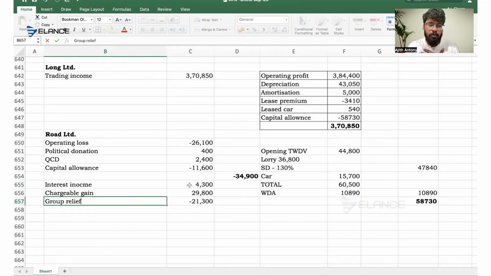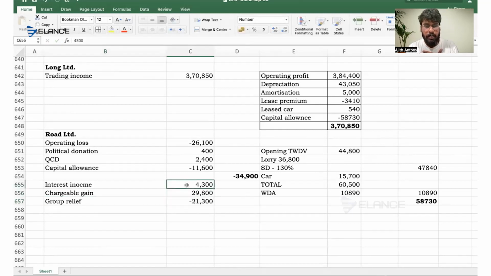So the remaining: interest income was 4,300, chargeable gain was 29,800, and we can deduct 21,300 as group relief. And the remaining amount, the total profit of Rod Limited, will be 12,800. Okay, 12,800 is the total profit.